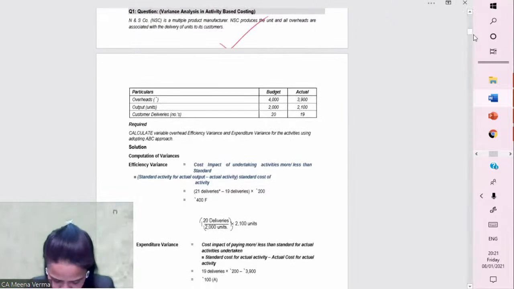Please read this question. Standard profit.